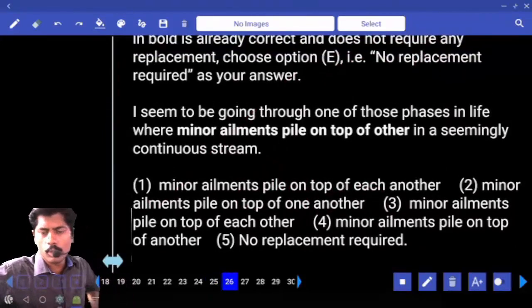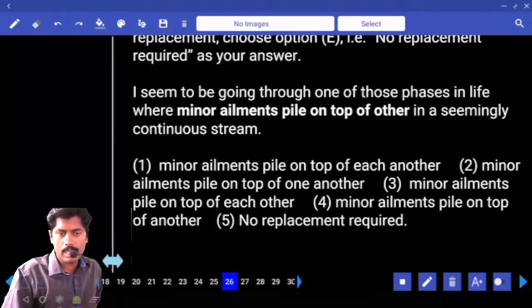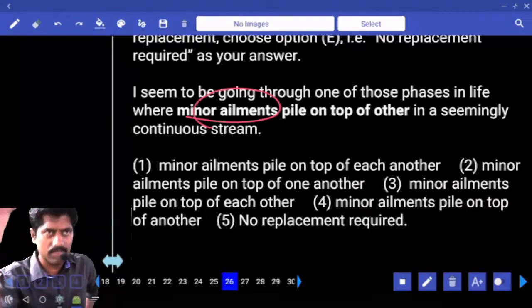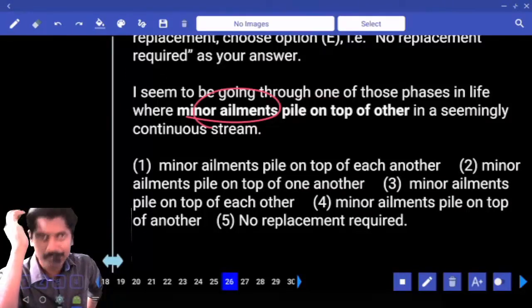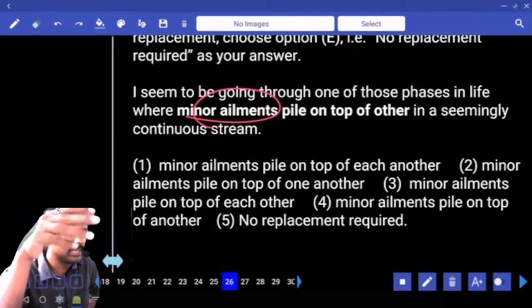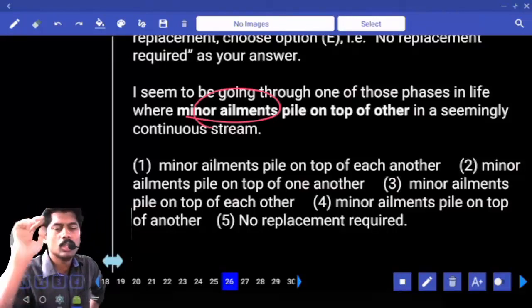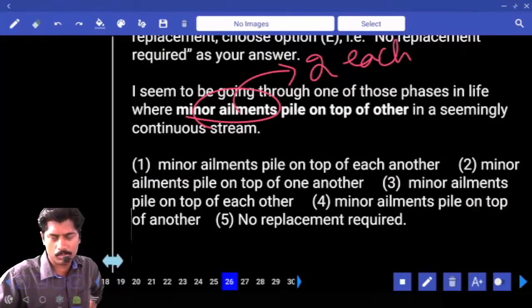I seem to be going through one of those phases in my life where minor ailments pile on top of one another. Minor ailments. Ailments means kinds of diseases. Two diseases or more than two? If they have not mentioned anything clearly, then it is more than two only. If two, it means each other, again pronouns.